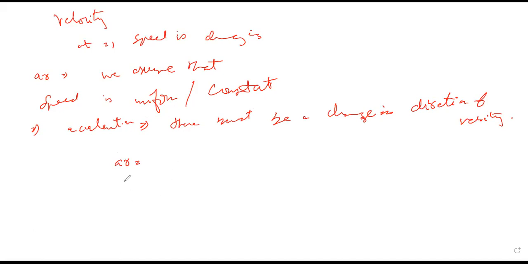So for this, again consider the circle in which the particle is moving. Let's suppose the particle first has velocity v1. Since the direction of velocity changes, here the particle is moving with velocity v2. Remember that v1 in magnitude is equal to v2 in magnitude.